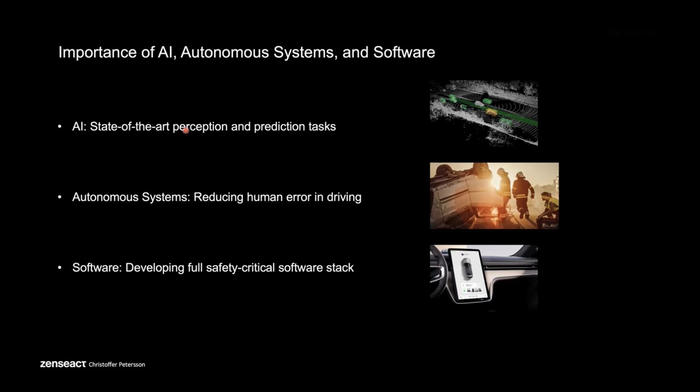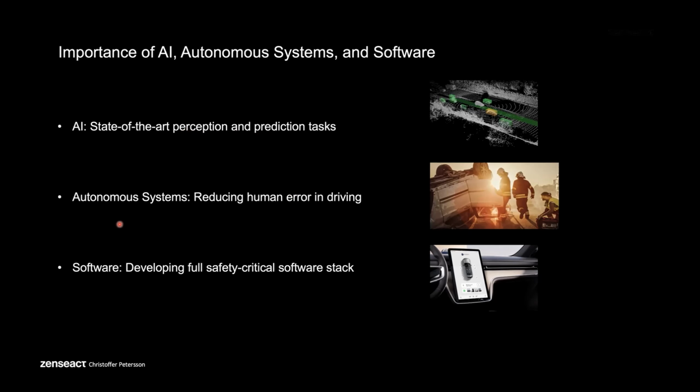So we do need really robust and efficient processing of all that data in order to understand the surrounding environment and also understand how it's going to most likely evolve into the future. And for most of those perception and prediction tasks, state of the art are these deep networks. So that's the reason why we're investing so heavily in this technology.